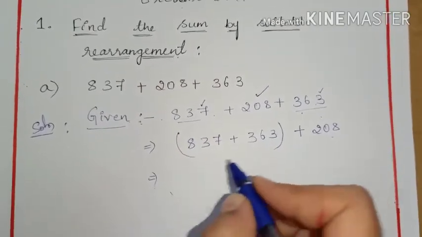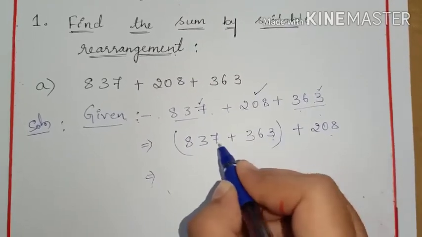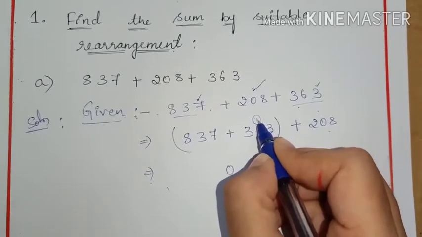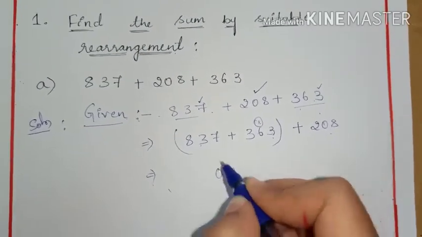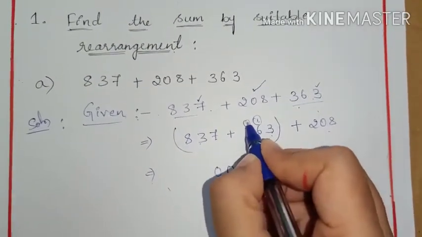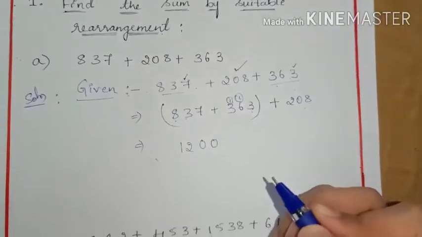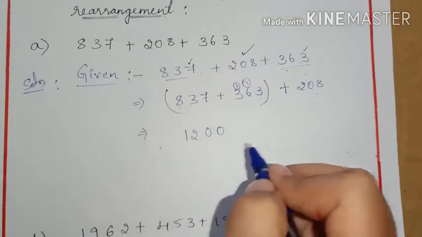So if you do the addition, 3 plus 7 is 10, 1 carry, 6 plus 1 is 7, 7 plus 3 again 10, 1 carry, 3 plus 1 is 4, 4 plus 8 is 12. It becomes 1200.